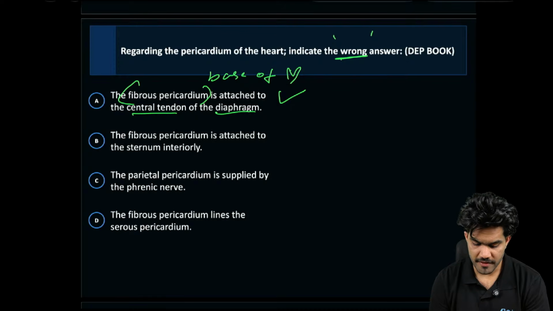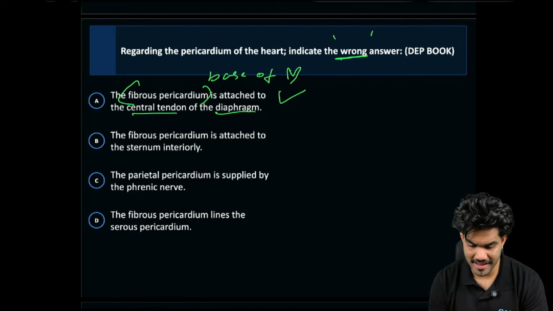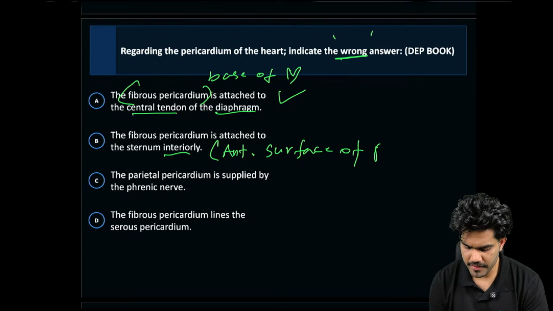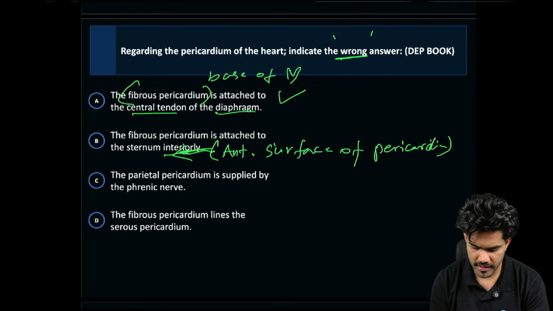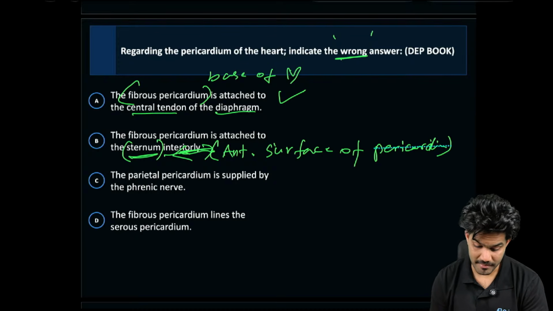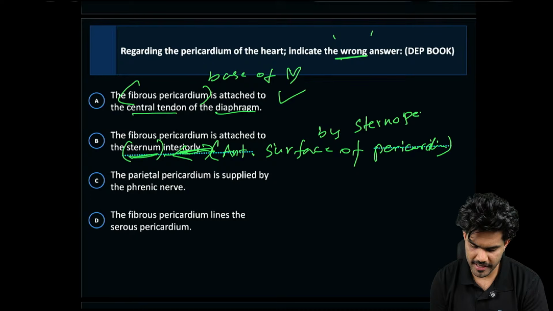The fibrous pericardium is attached to the sternum anteriorly. Yes, the anterior surface of the pericardium is attached to what? Attached to the sternum by sternopericardial ligament.